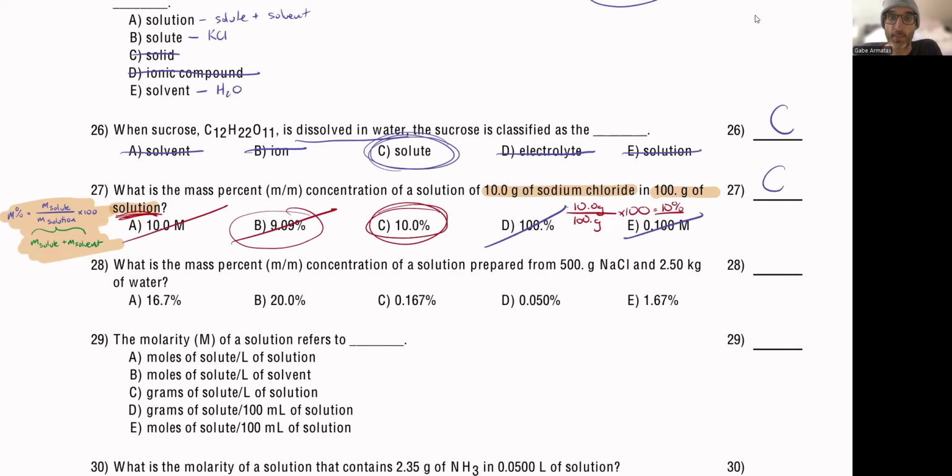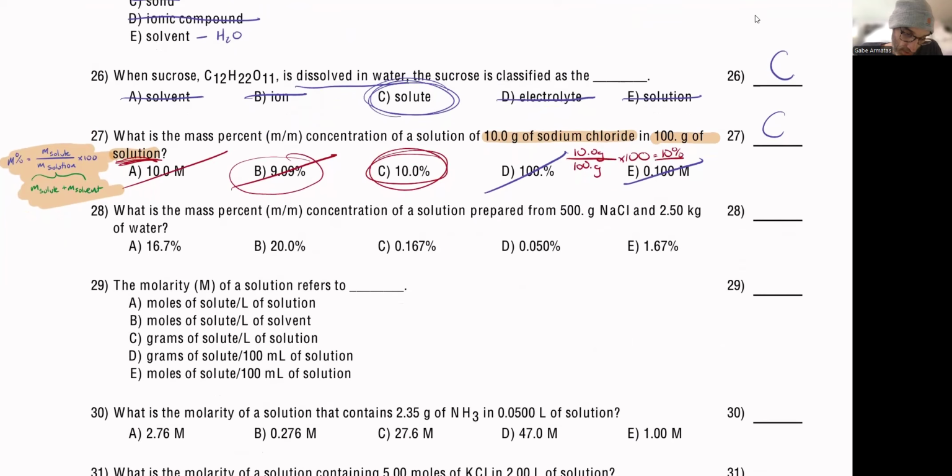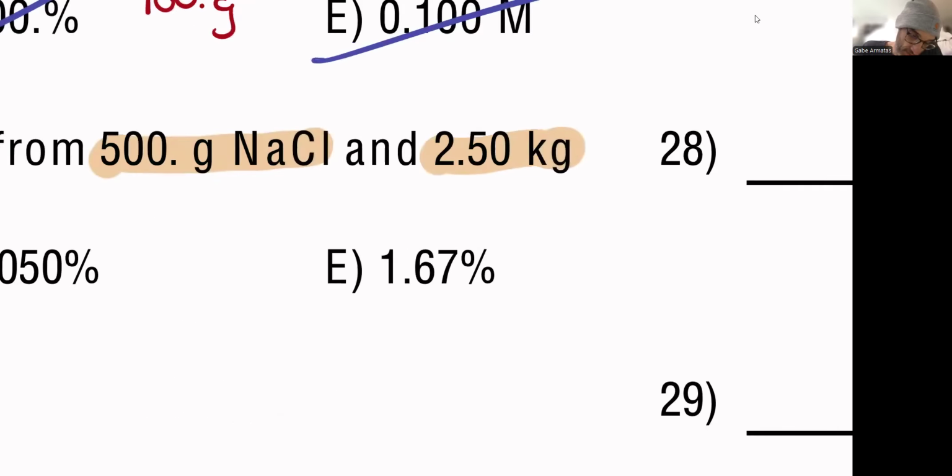So 10% by mass. Next one, the mass percentage of a solution prepared from 500 grams of sodium chloride, 2.5 kilograms of water. So here we have two things. This is water. This is going to be my solute. This is going to be my solvent.